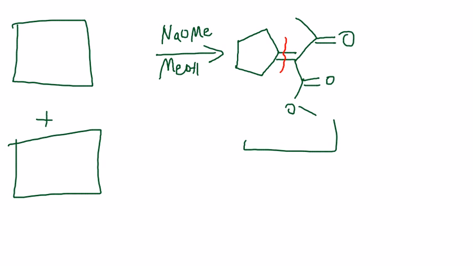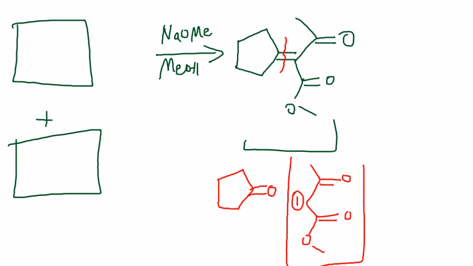And as you do that, hopefully you can see that part of this is going to come from, if this were a ketone, and this were an ester. And so hopefully you can see that essentially this part of the molecule was your donor, and this part of the molecule was the acceptor.